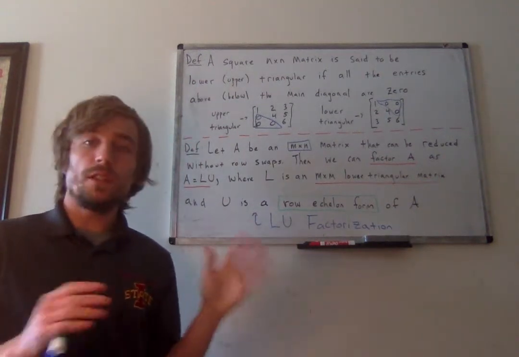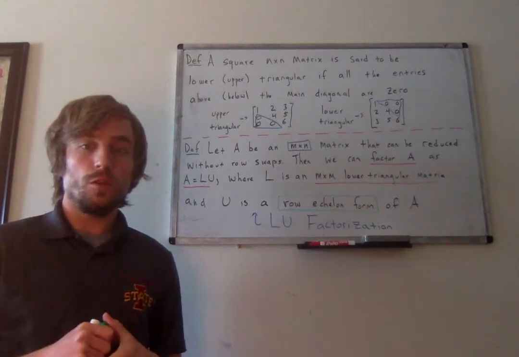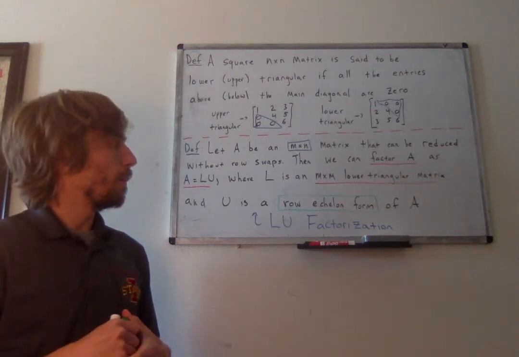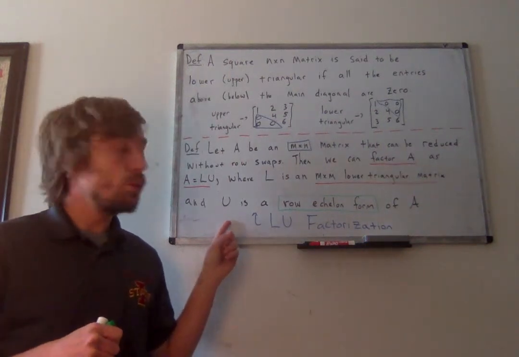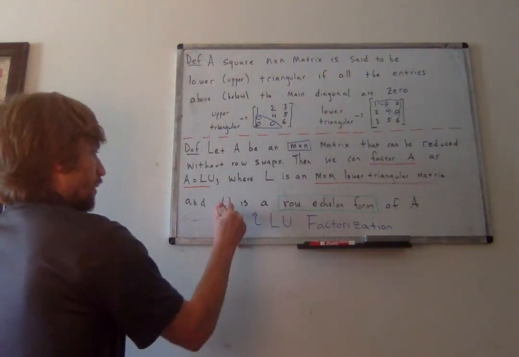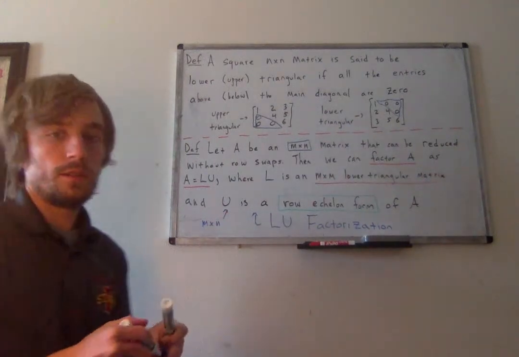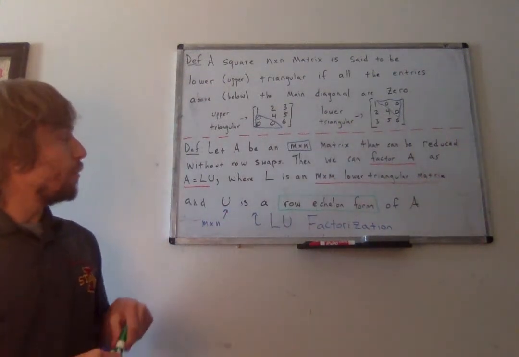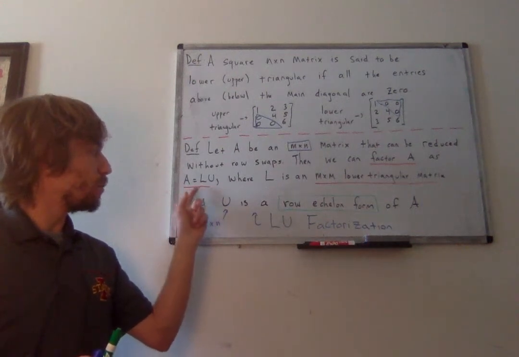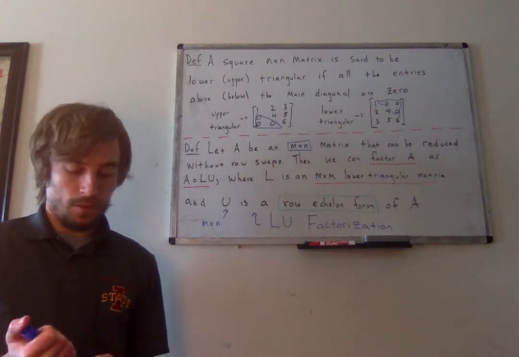But for the purposes of what we're going to do today, we'll only need the row echelon forms of A. And so then also notice U will have the same dimensions as A. So U is an m by n matrix as well. And so if we can do this with a matrix and write A as this product of L and U, we call this an LU factorization.